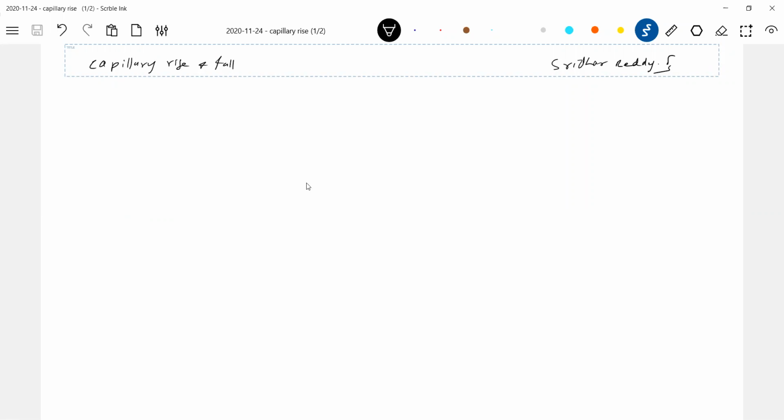Now, capillary rise. So already we know the angle of contact, where the pressure will be more on the concave side than on the convex side. So that's the one basic idea. Before getting into the topic, I need colors.